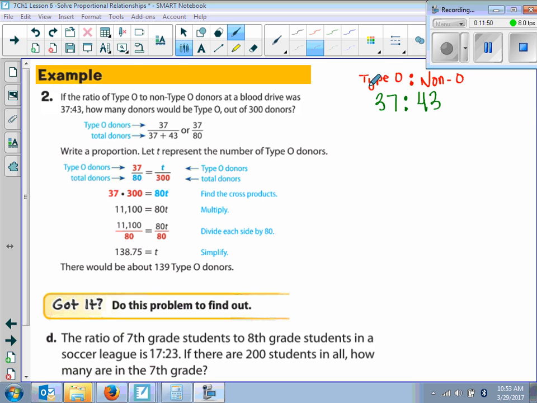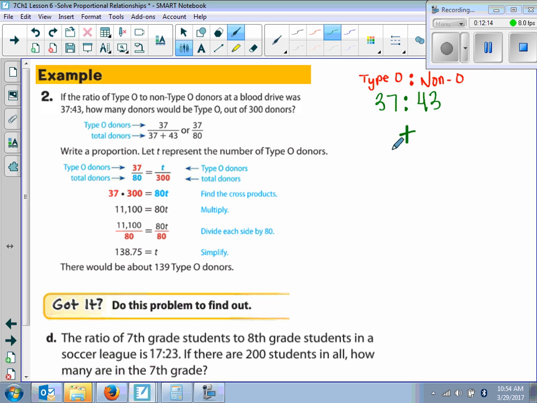So here we have the type O blood, and over here we have the non-type O blood, right? If out of these people, 37 were type O and 43 were non-type O, how do I know how many were all together? You just add them together, right?